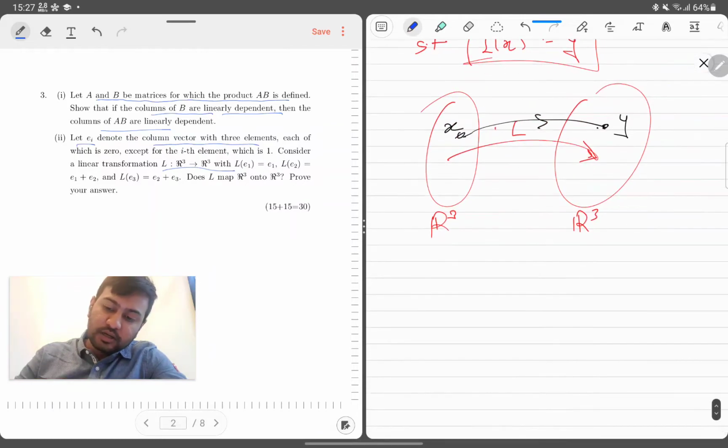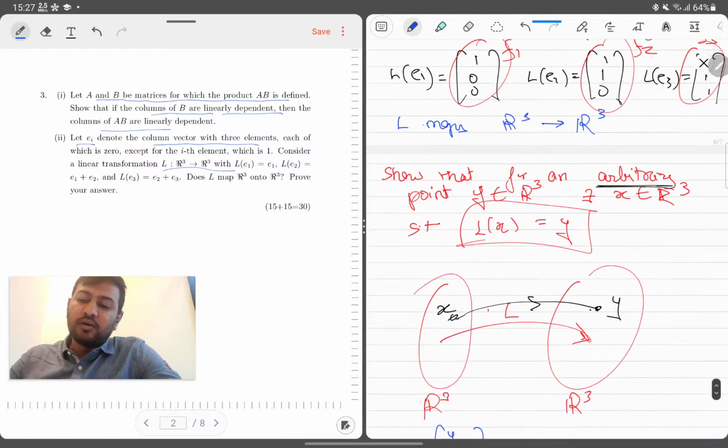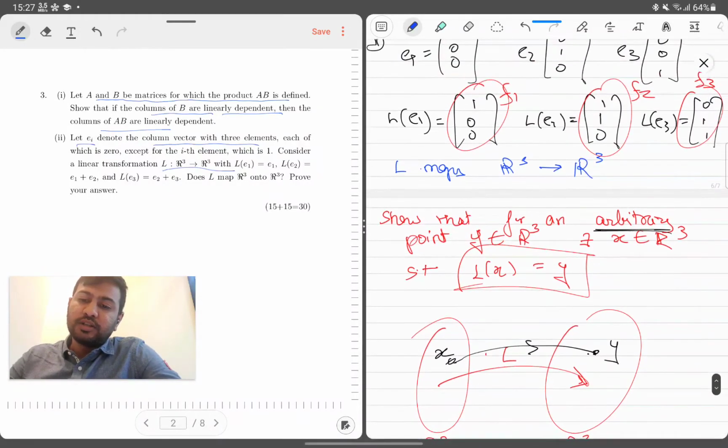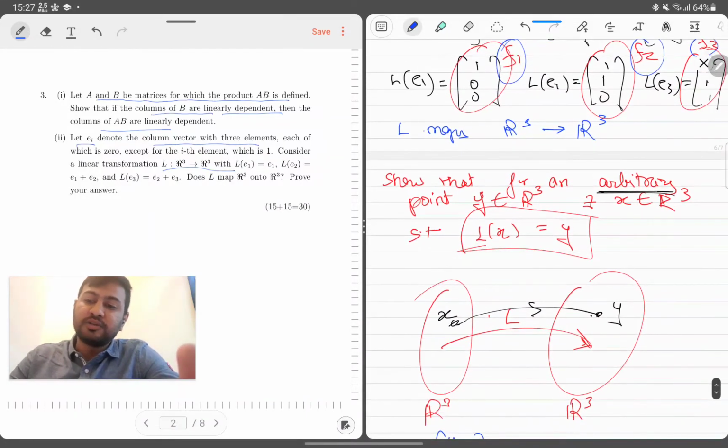The way to show that is take any y, let y equal y1, y2, y3. Now for y equal to y1, y2, y3, can you represent it in F1, F2, F3 terms? Obviously you can.